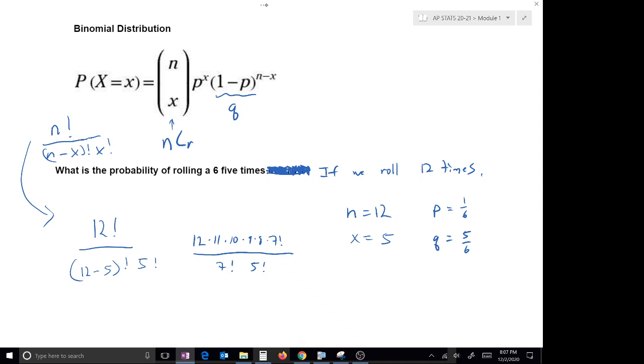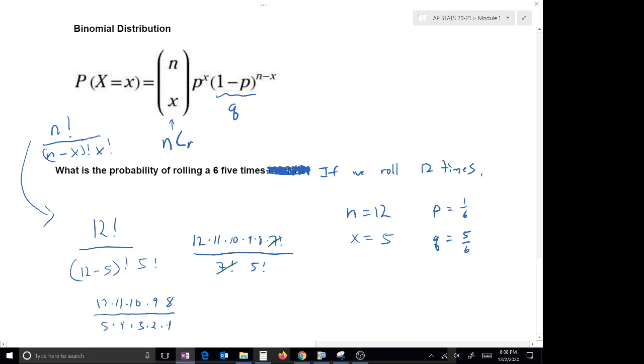Well, we can simplify some things here. We've got 7 factorials are going to cancel out. And so in our numerator, we just have 12 times 11 times 10 times 9 times 8. In our denominator, we have 5 times 4 times 3 times 2 times 1.